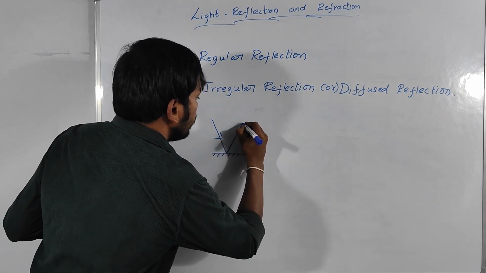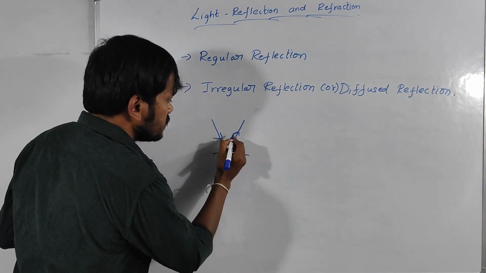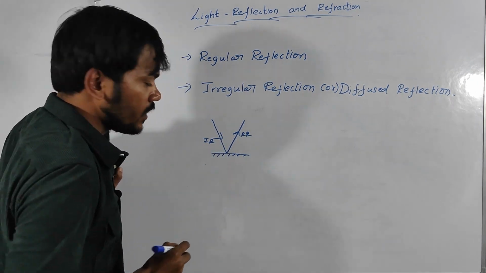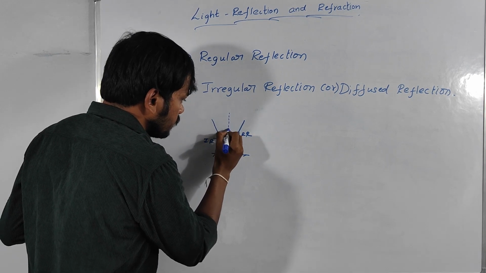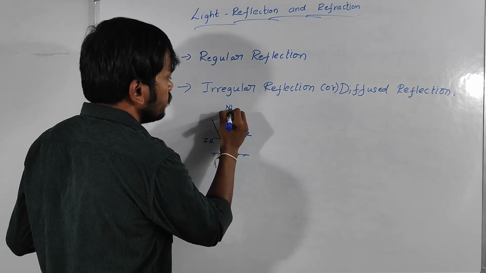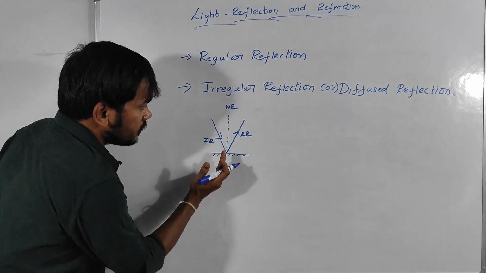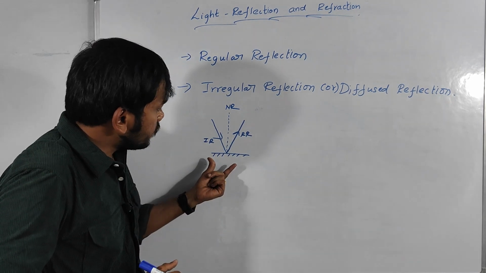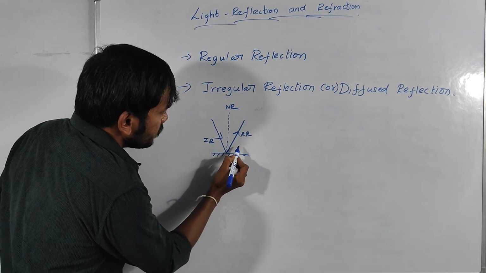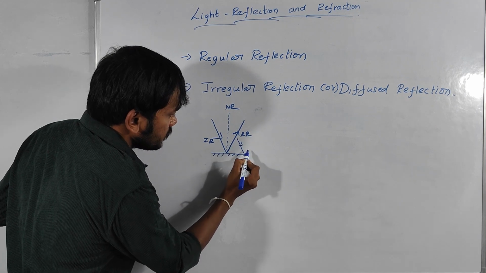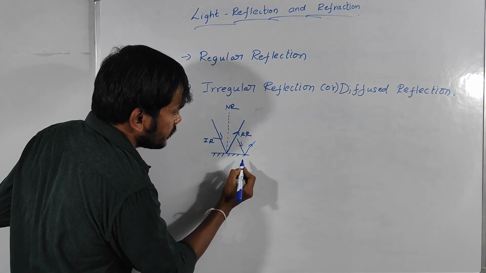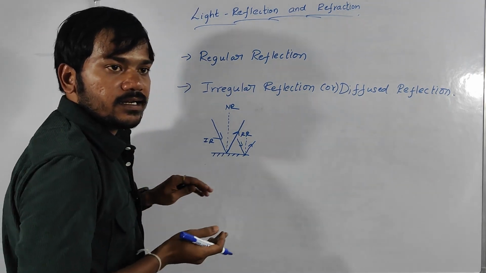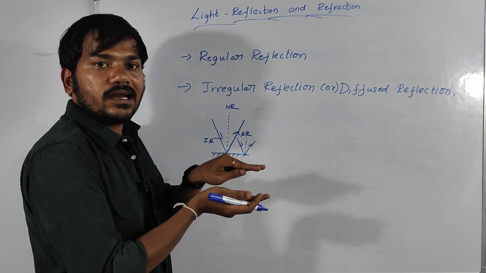When the light ray bounces back, this is the reflected ray, whereas this is the incident ray. For reference, we have the normal ray, and we have seen normal is always perpendicular to the plane of contact. Here, these incident rays will have reflected rays, and this plane is regular, in the form of a flat surface.